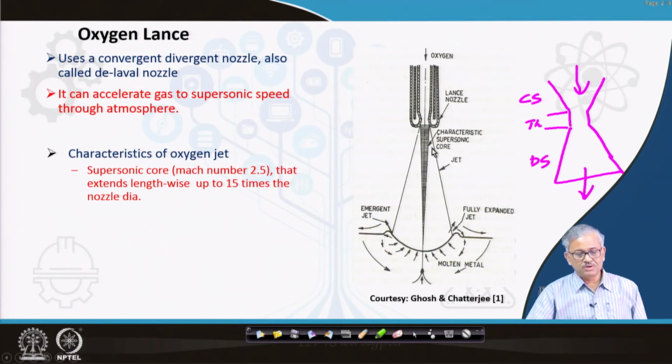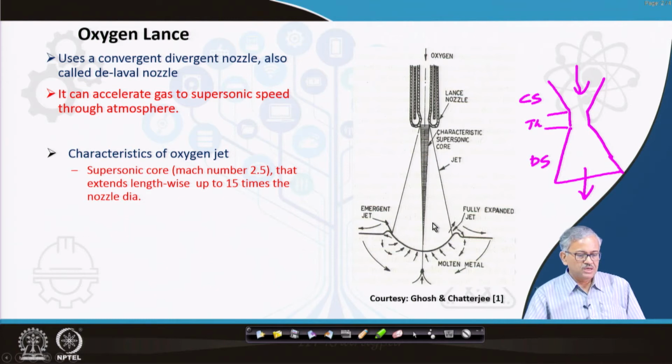Why? Because when the oxygen jet is moving through the atmosphere, it entrains a lot of air into it, and that's why this portion of the jet becomes subsonic, because the velocity is reduced. You are increasing the mass, and as a result velocity is decreasing.